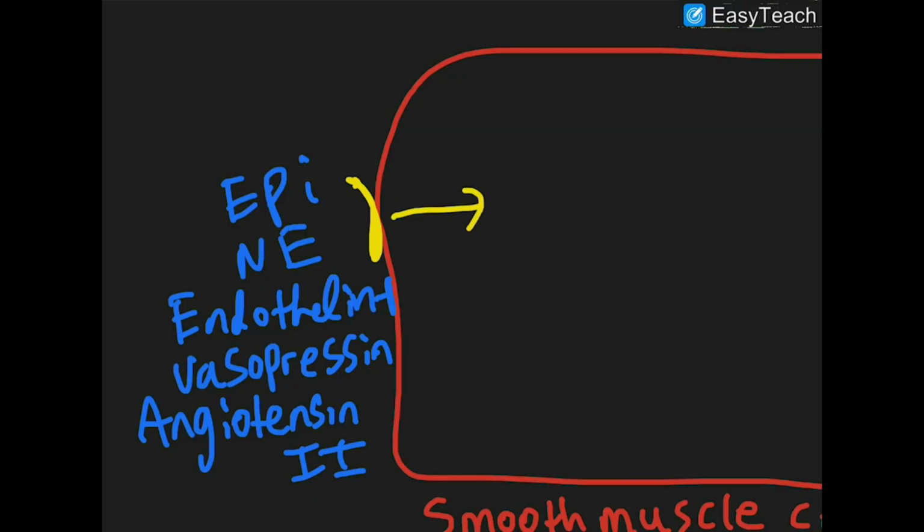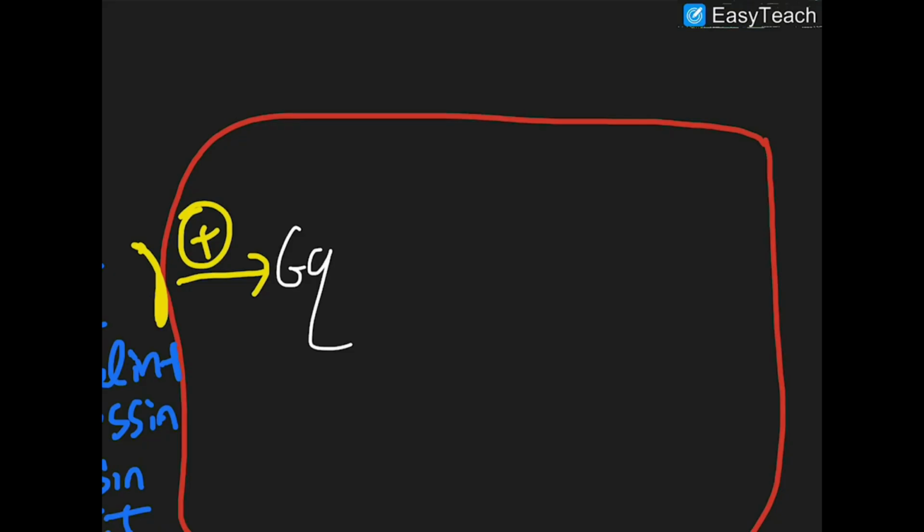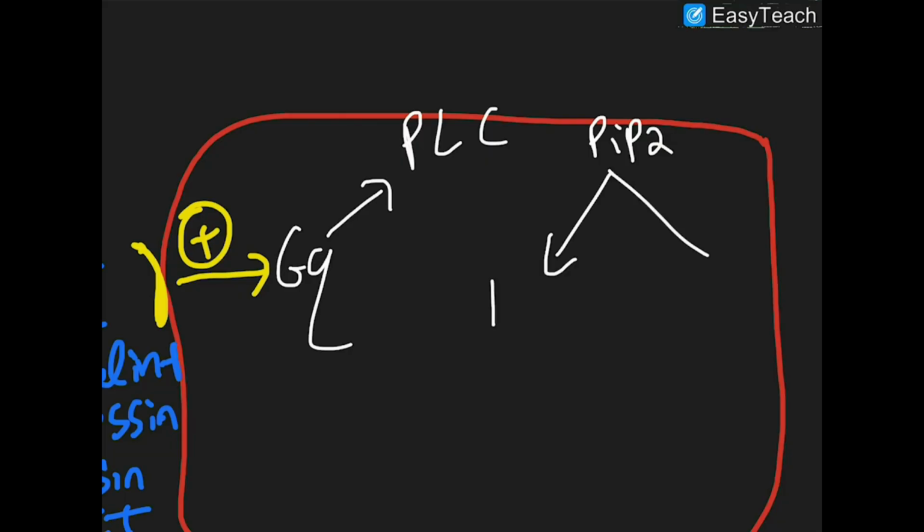Okay, so it's going to stimulate the Gq pathway. So let's go ahead and write that. And if we remember, when the Gq protein is stimulated, that's going to eventually lead to the stimulation of phospholipase C. And then we know that phospholipase C is going to help break down PIP2 into two different molecules, one being DAG and the other being IP3.